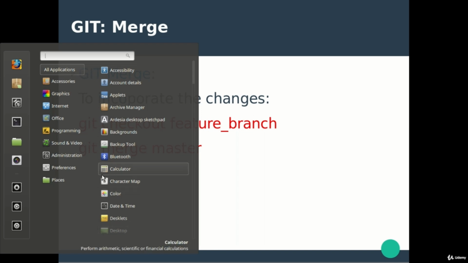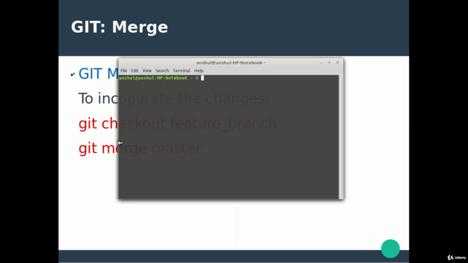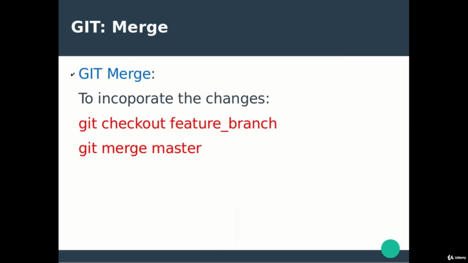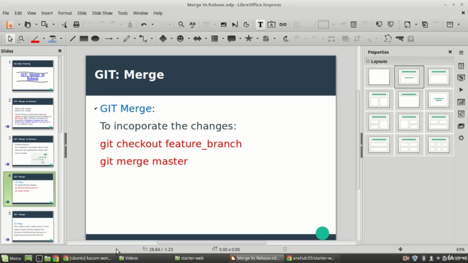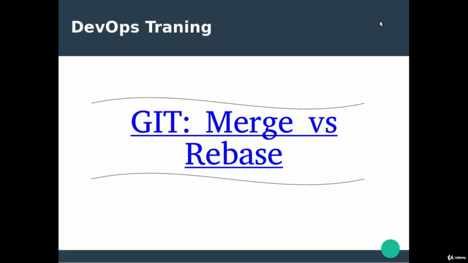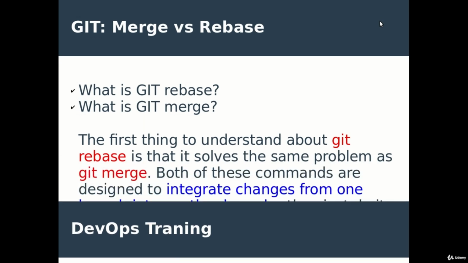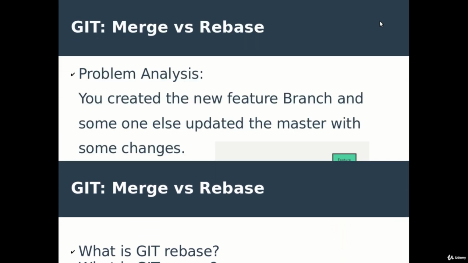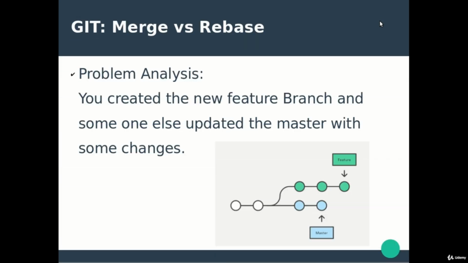So if I go to the terminal... actually, I don't want to go to the terminal yet. I have created that feature somewhere, give me some time to figure out where.